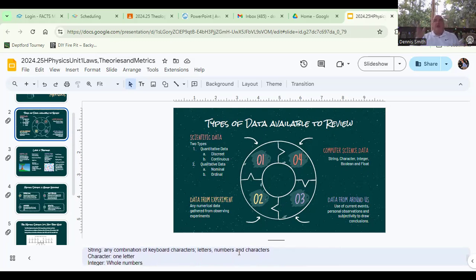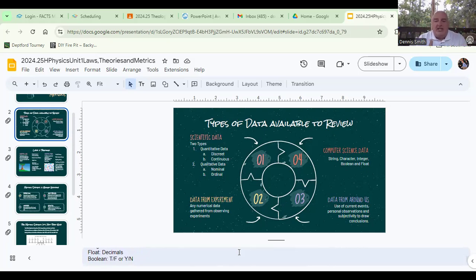Characters make up a string. Okay, and then the integers are the whole numbers. Very similar to what we know about math. Floats are the decimals. Okay, and then when we talk about Boolean, we're talking about questions that will be able to answer yes, no, or T/F. Okay, true and false, or yes or no.